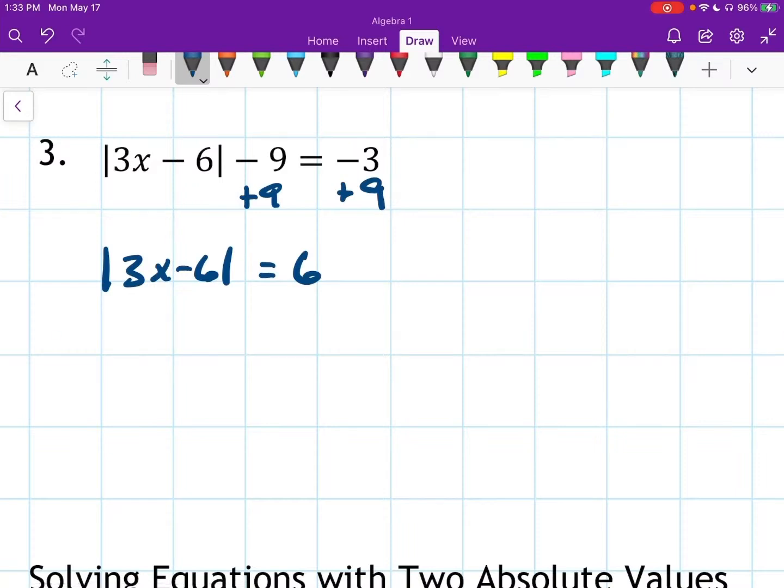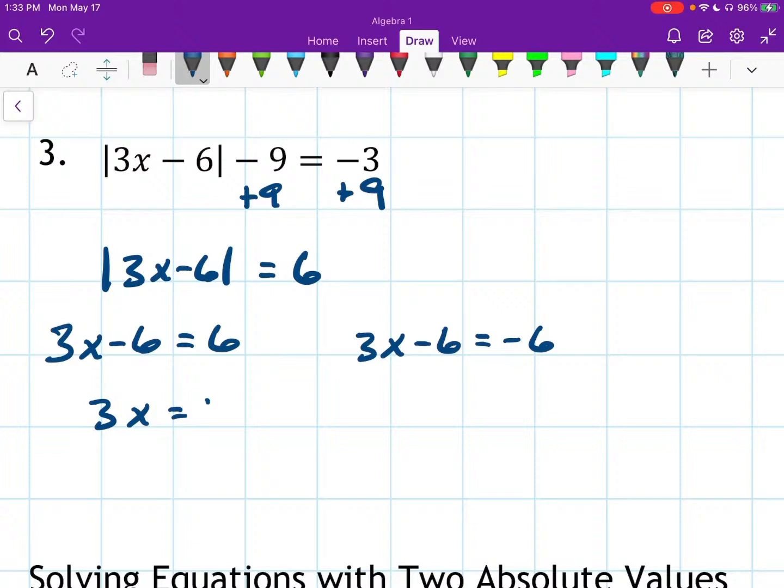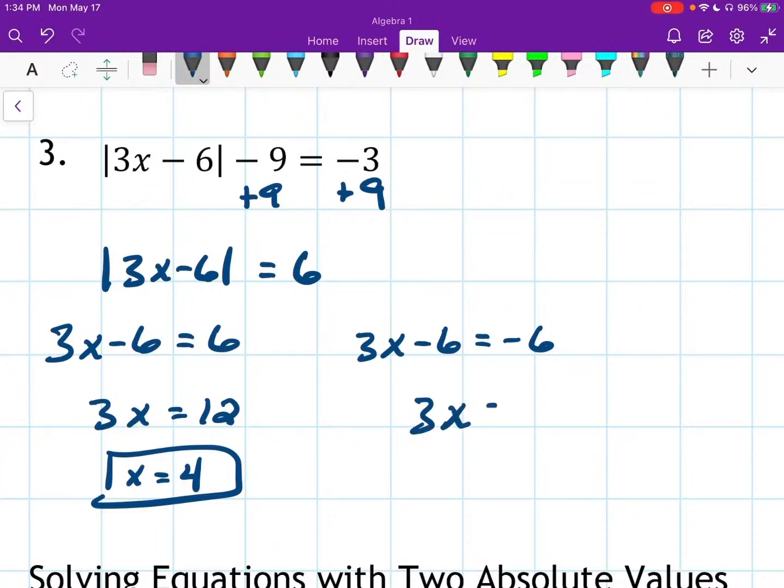So this splits up to be 3x minus 6 is 6, and 3x minus 6 is -6. So here we have 3x is 12, so x is 4. And then 3x is 0, so x is 0. And there we are.